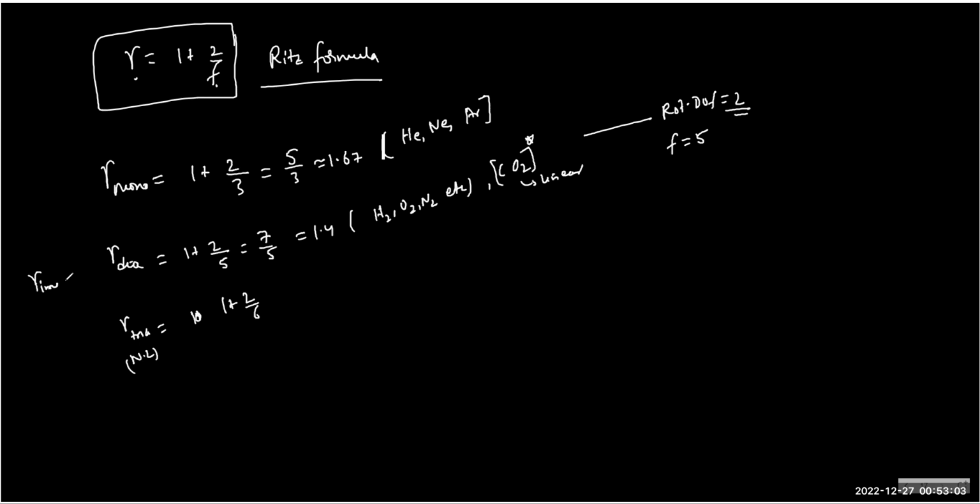Linear polyatomic is the same as this. And for non-linear polyatomic, it is 4 by 3. So you can think of H2O.